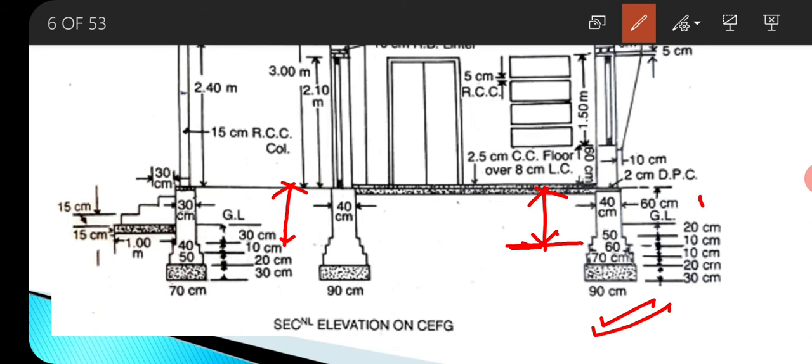One is of plinth wall, that is 40 centimeter, and the second one is of 50 centimeter.